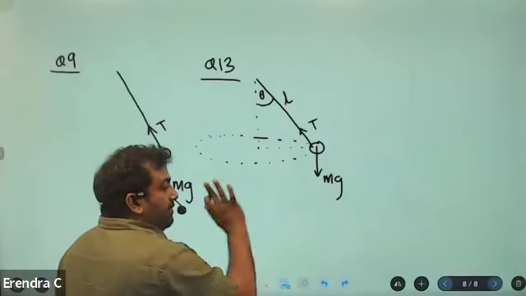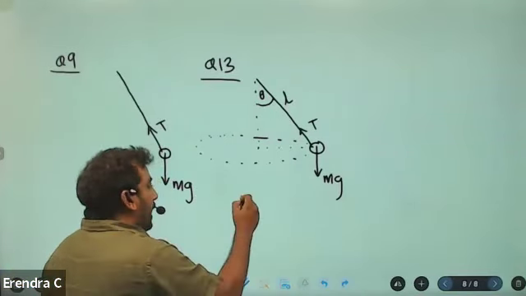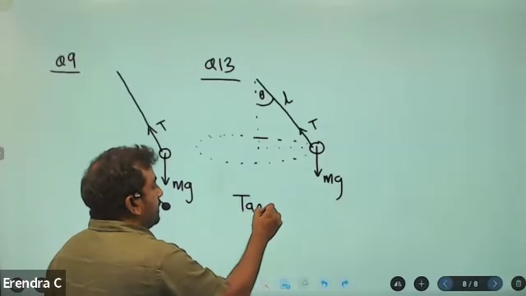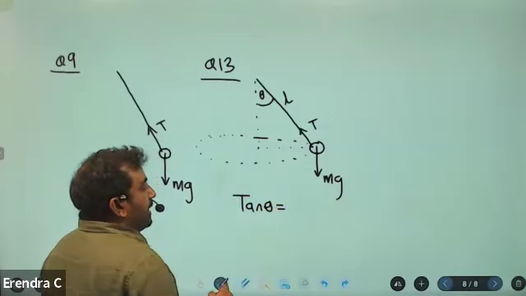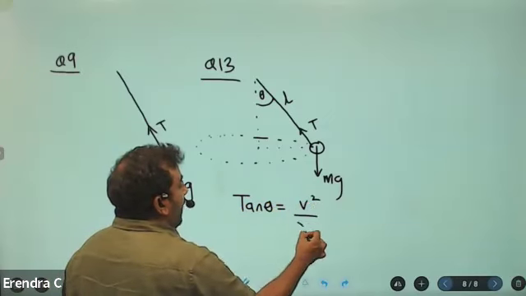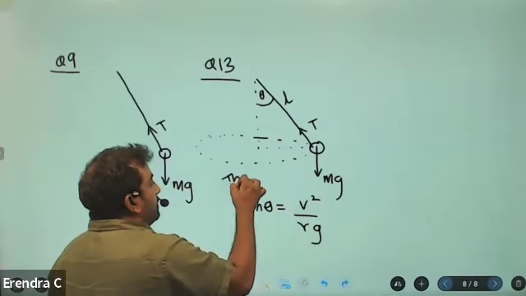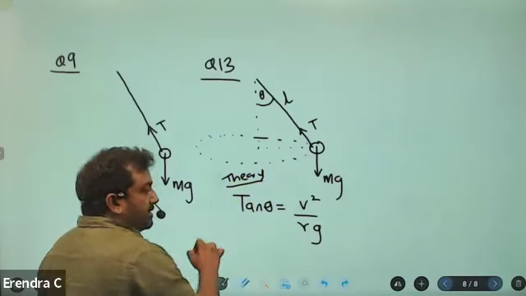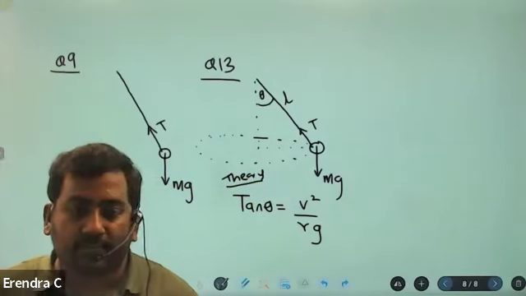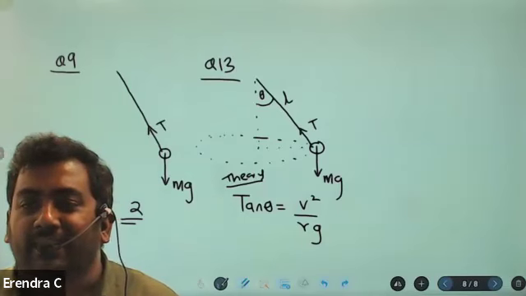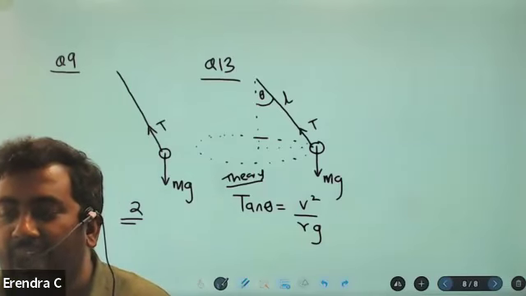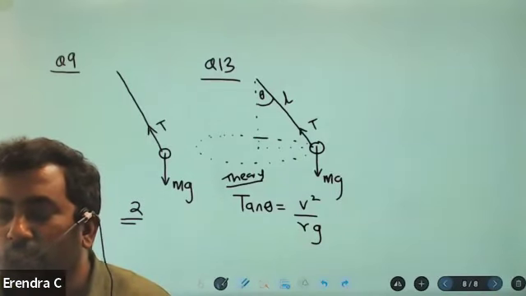I won't develop the full theory. I have taught you. Tan theta is equal to V squared over Rg. Theory. Check and see your note. Tan theta equal V squared over Rg. Conical pendulum.